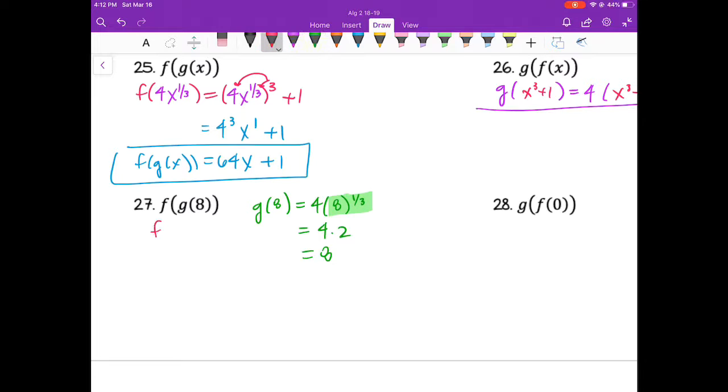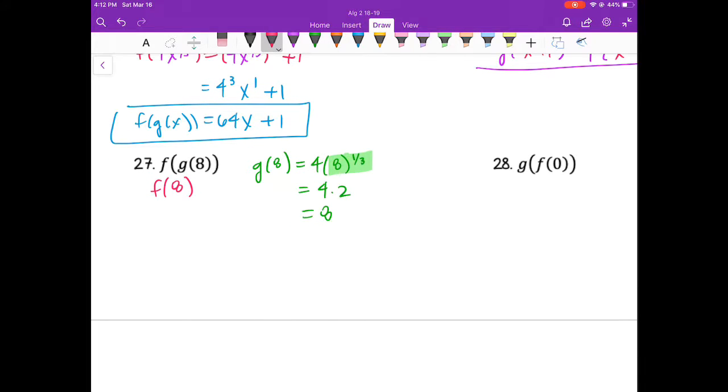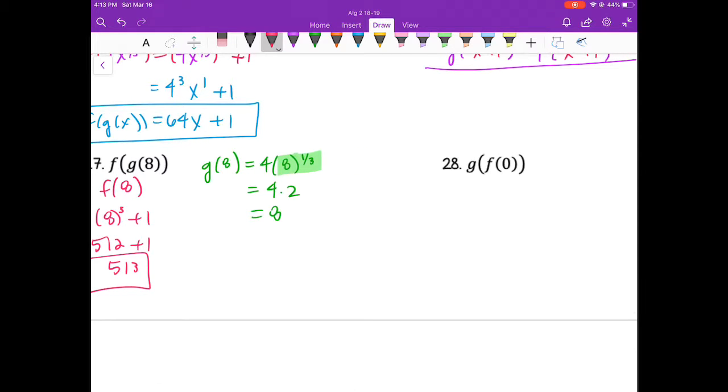So now I'm finding f of 8. Well, f of x is telling me to take my input, cube it, and add 1. 8 cubed is 512. 512 plus 1 is 513. So f of g of 8 is 513.